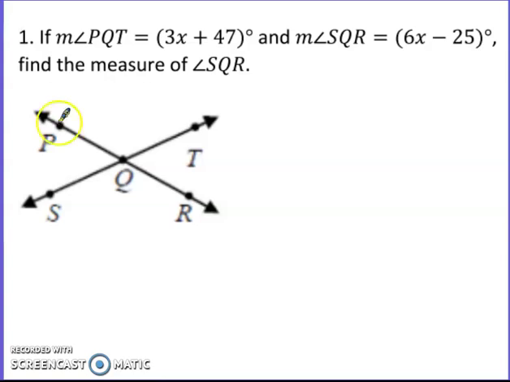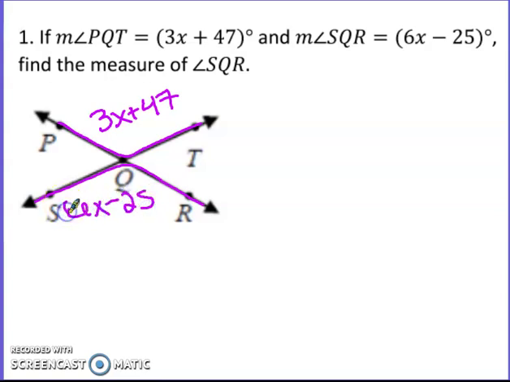So PQT is equal to 3x plus 47. SQR is equal to 6x minus 25. Now, from here, we need to keep in mind, if we label our angle type, these are vertical angles.